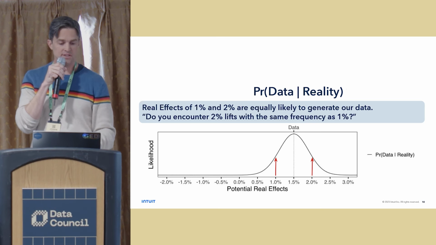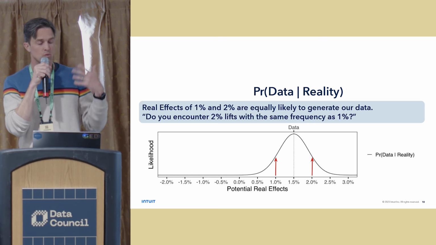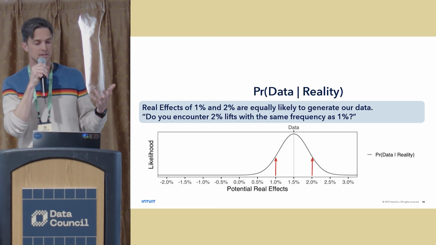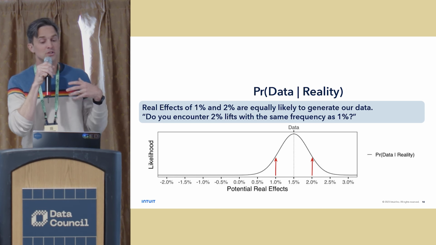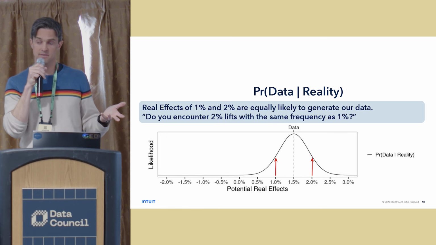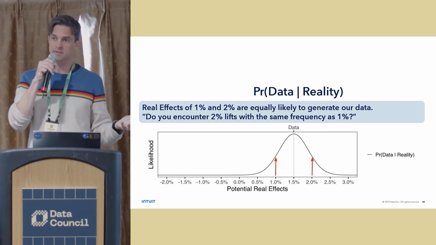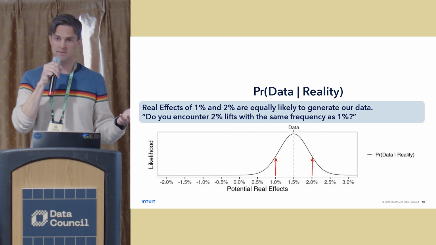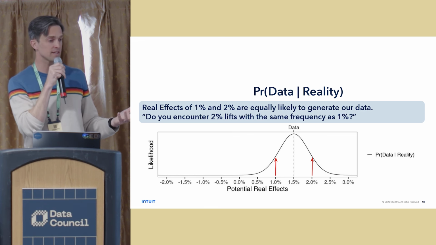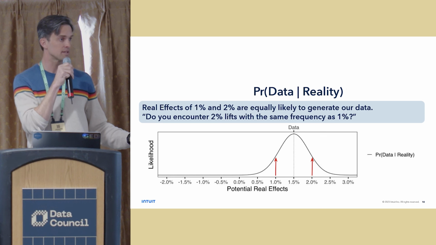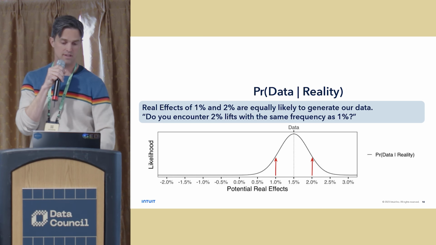But do you encounter 2% lifts with the same frequency that you encounter 1% lifts? I don't know about your companies, but I see small effects with much greater frequency than I see large effects.